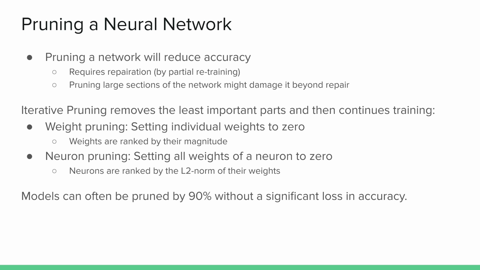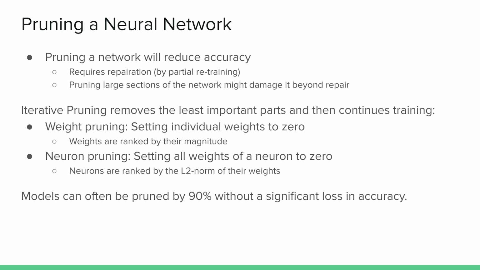If a weight is close to 0 and you multiply it with whatever input it receives, it will not change the value much. So when you rank all your weights by their magnitude, you can just remove the connections that have the lowest weights.